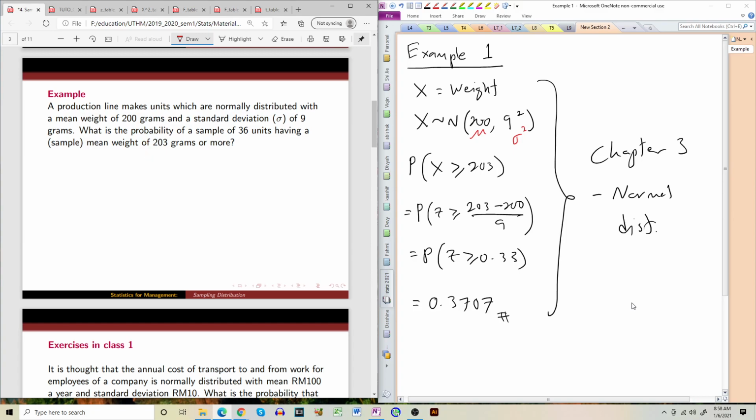Okay, they said the same thing, the mean weight is 200 gram, the standard deviation is 9, but they are not considering that all the units are there. They just pick a certain sample, and then from that certain sample we need to conclude what is the probability the mean weight is more than 203 gram. So this is based on a certain sample.